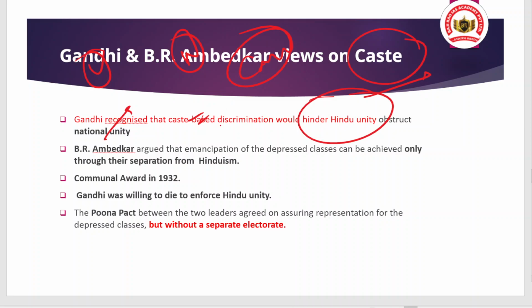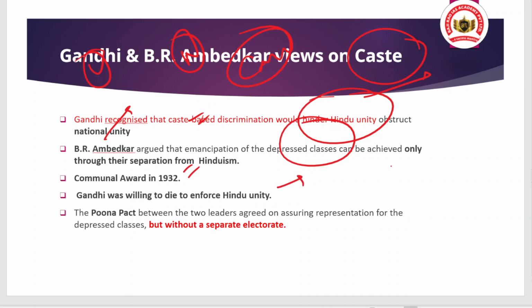And when we talk about B.R. Ambedkar, he talked about the elimination of the caste system, and for that he proposed a separate electorate for the depressed class. That's why there was the Communal Award in 1932, and against the Communal Award, Gandhiji started a fast unto death.